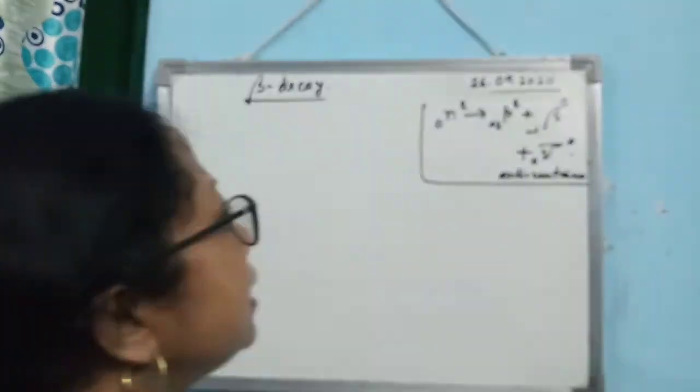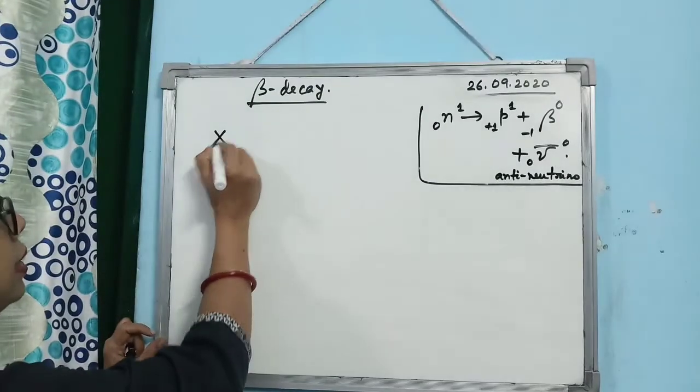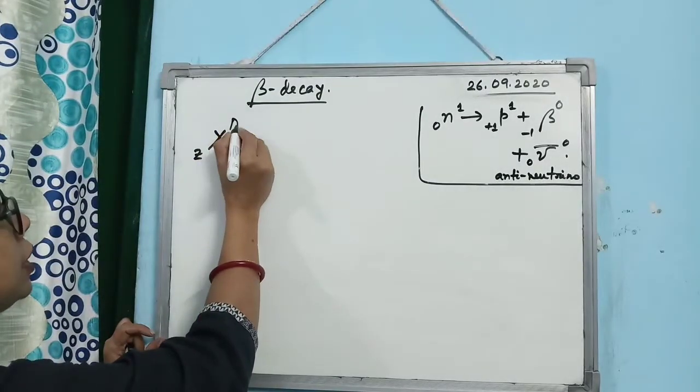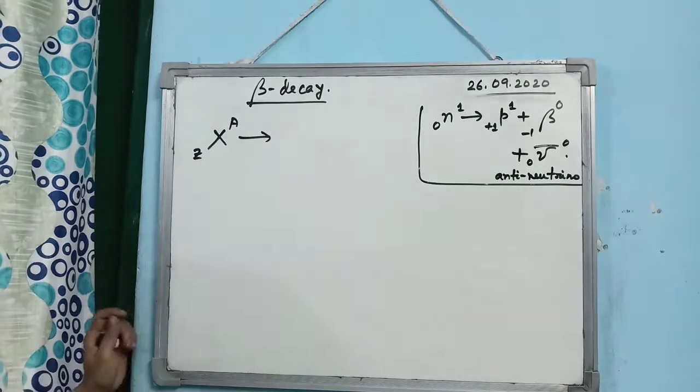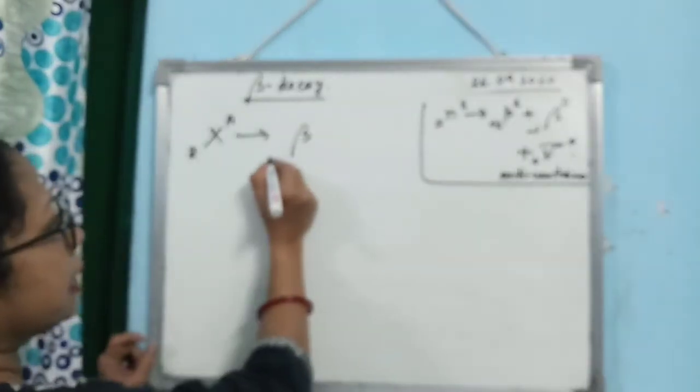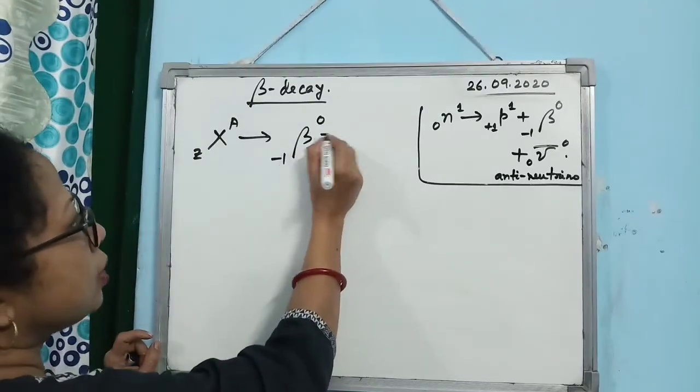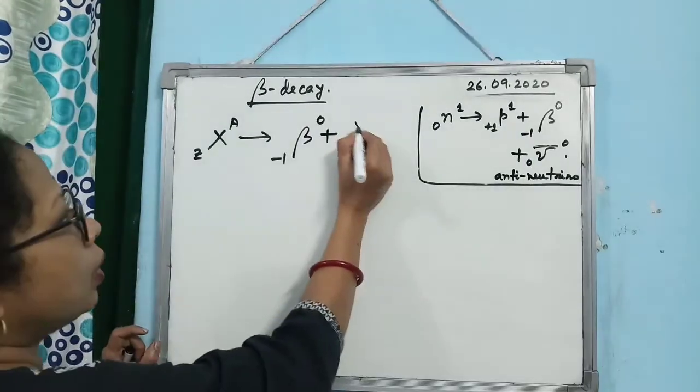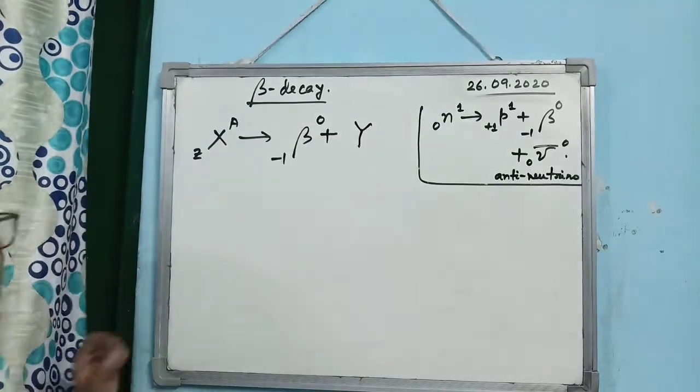Alright. Now what is happening? If you consider the parent nucleus before the emission, it will be ZXA. Now one beta particle is emitted, so minus 1, 0. What will be the daughter nucleus?